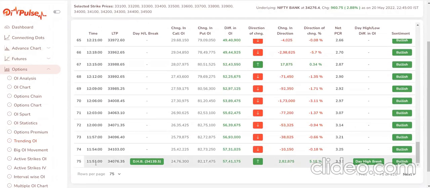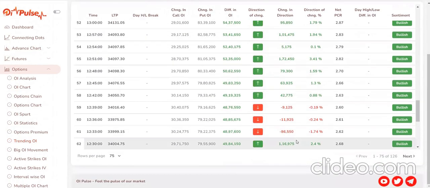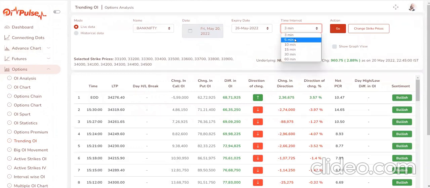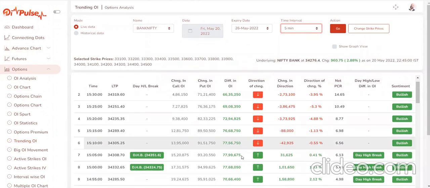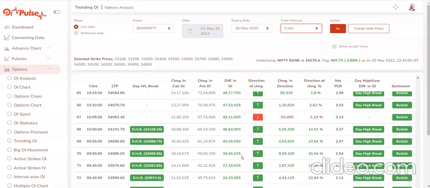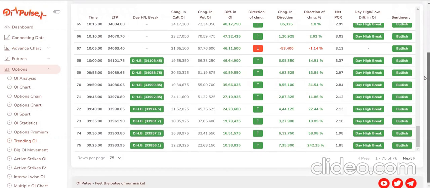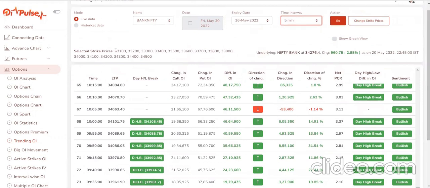This is Bank Nifty and Nifty. Mainly we use this one, I use 500. In front of every strike price, it is telling us there is a major change in OI, and the strike price selected is this one.